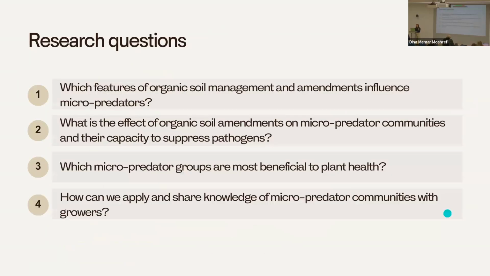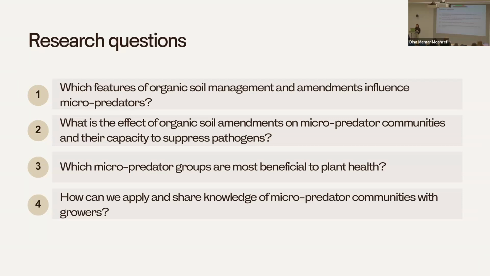To do so, this has been broken down into several different questions that tackle this problem, using organic farming as a system, because organic farmers have specific challenges when it comes to the management of plant pathogens, as they have limited management strategies. So looking at the potential of micropredators to support plant and soil health within this system is very beneficial.